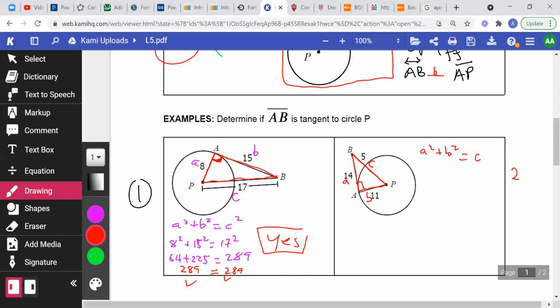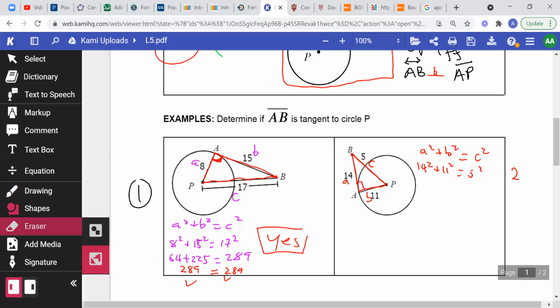A happens to be 14, B happens to be 11, and then C happens to be what? 5 squared. So as you can see here, this is not going to work.